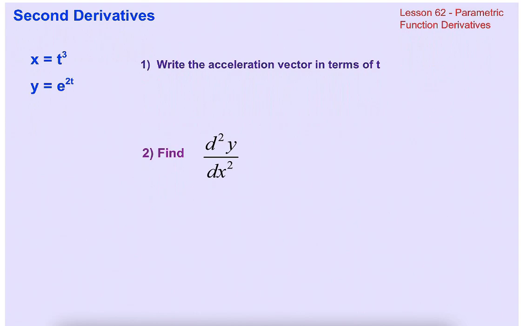If we're asked to write the acceleration vector in terms of t, well, we know that acceleration is the second derivative of position, or the derivative of velocity.